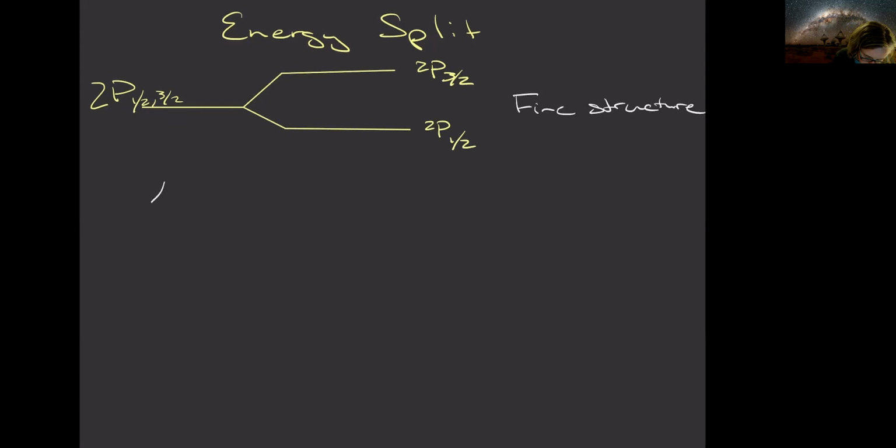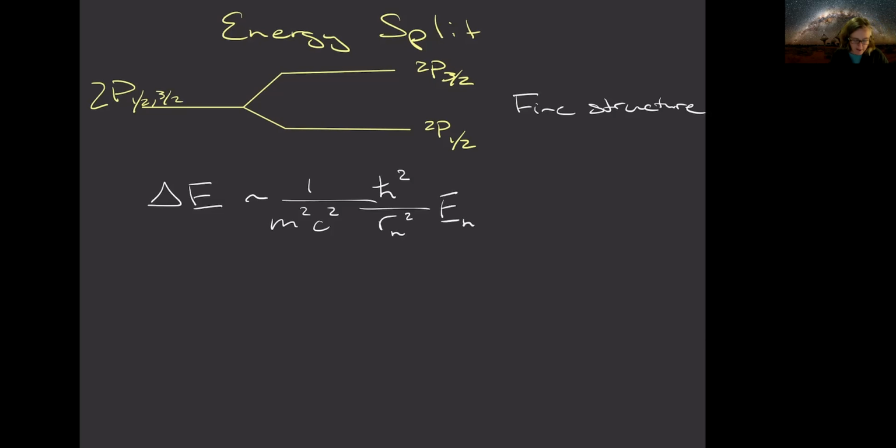And the energy separation between them is what we've just defined as delta E. It turns out that delta E is on the order of 1/m squared c squared, h bar squared over the radius of the n level times the energy of that n level.